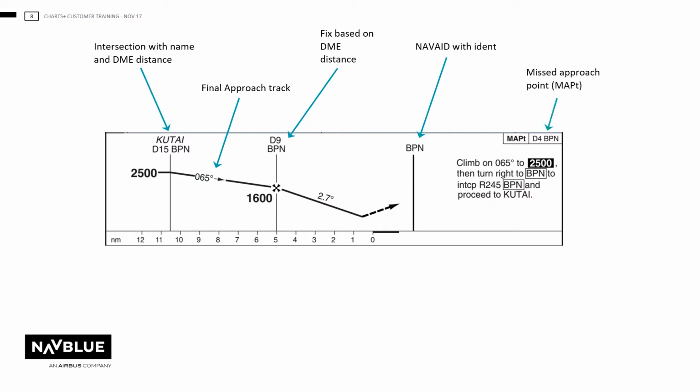The missed approach point will be on the same side as the missed approach text. All IAC profiles will have the missed approach text alongside the procedure. The text will be given as far as possible in accordance with the AIP. Nav aids in the missed approach text will be outlined with a rectangle.